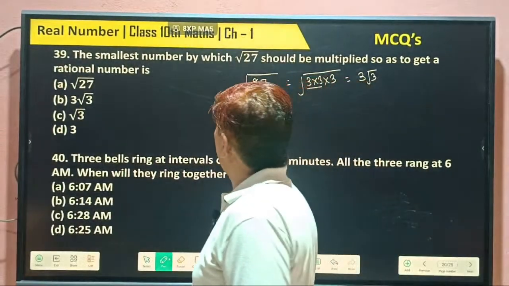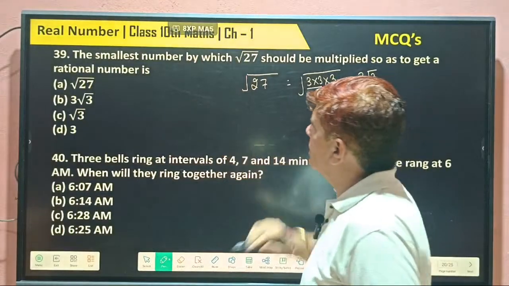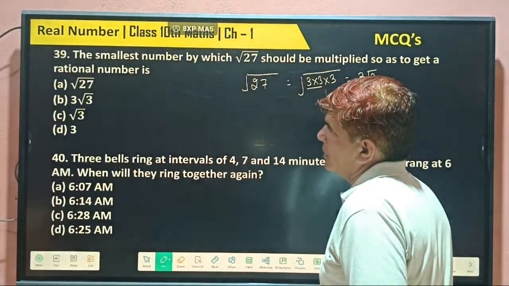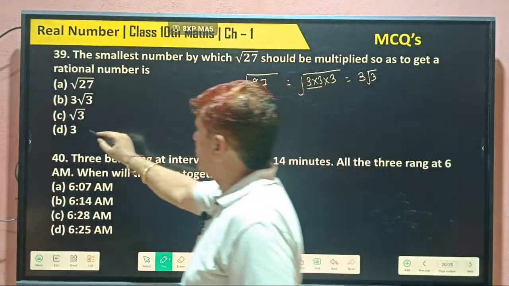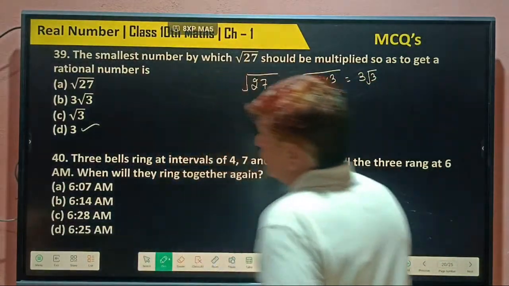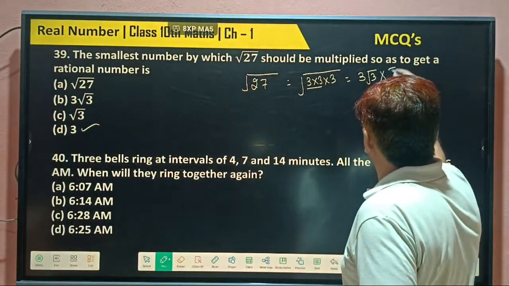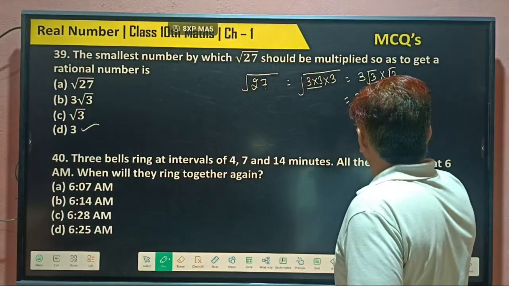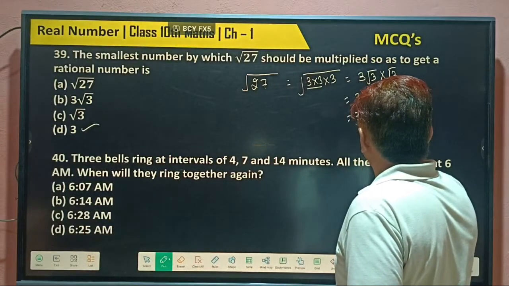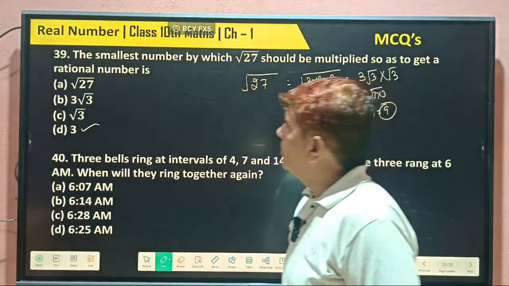If we multiply this with 3, it becomes 9 under root 3. But if we multiply this with under root 3, this becomes 3 into 3. What's coming? 3 into 3. What's 9? 9 is a rational number.